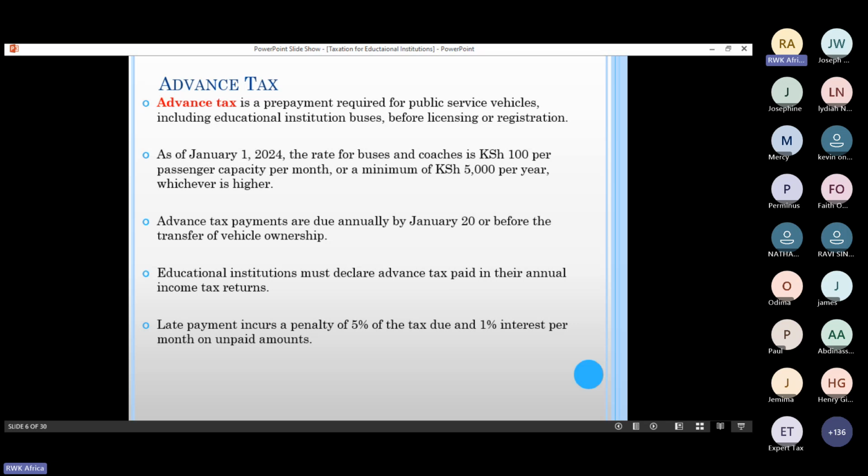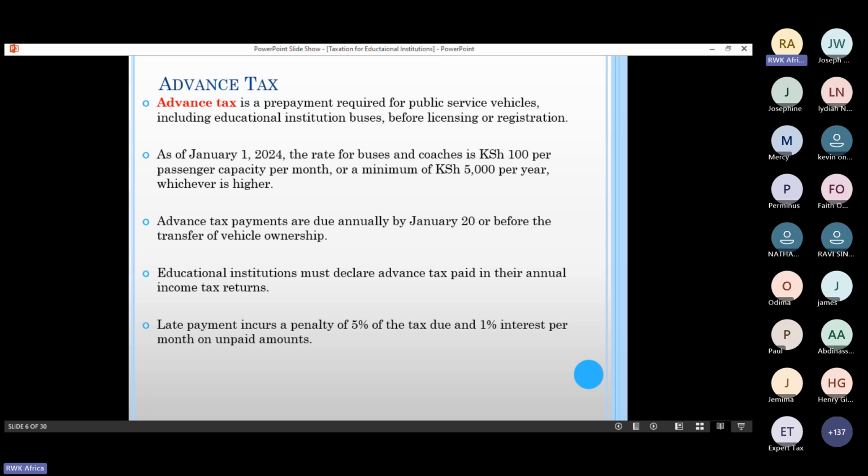As of January 2024, the rate for buses and coaches is Kenya shillings 100 per passenger per month. Initially it was 50, but from 2024, it is 100, or a minimum of 5,000 per year, whichever is higher. So if your bus is a 33-seater, you're supposed to pay 100 bob per passenger capacity.